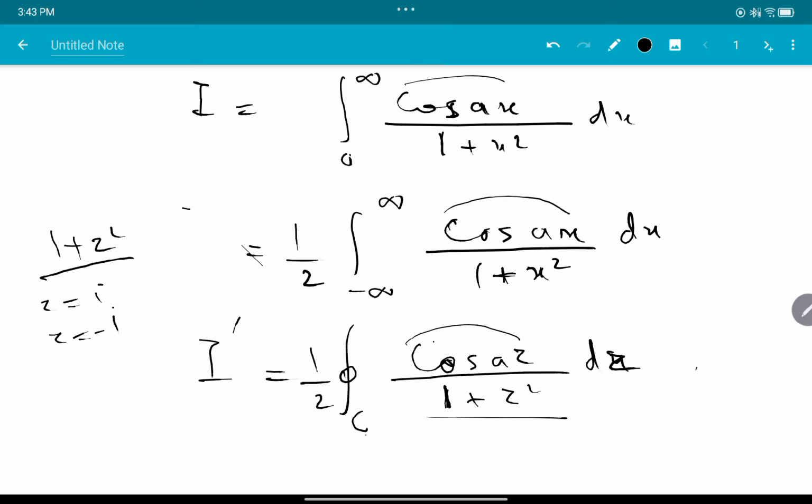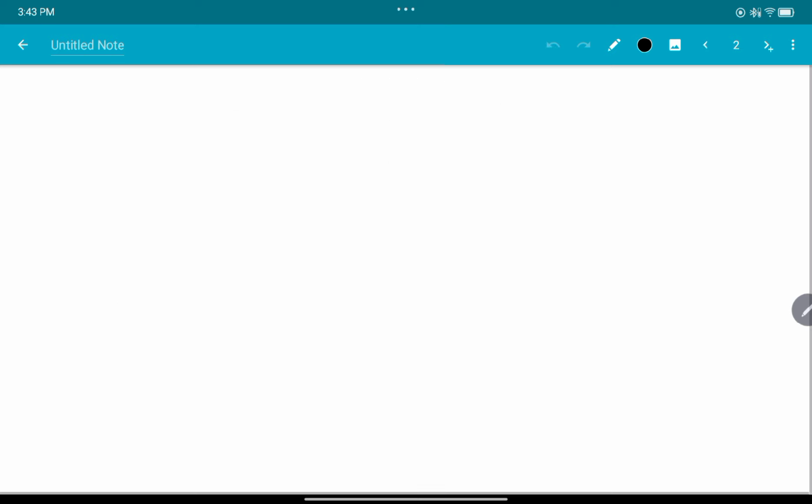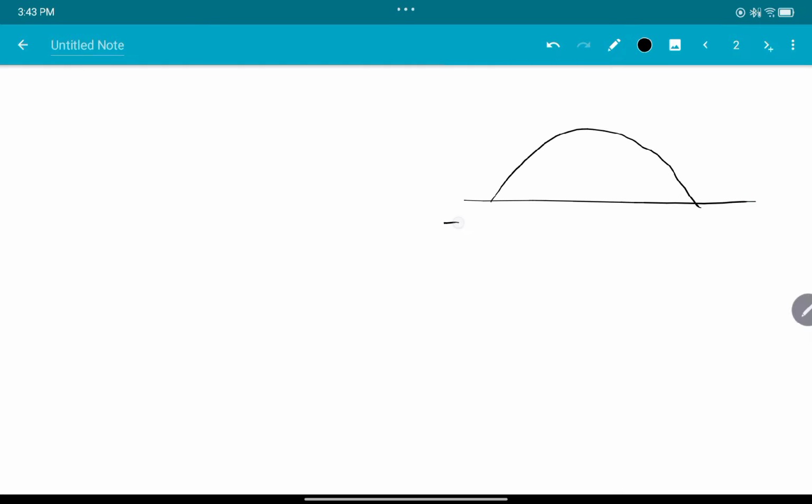So we choose the same closed path or contour as we did in the previous video, from minus r to plus r first, with i and minus i marked here.